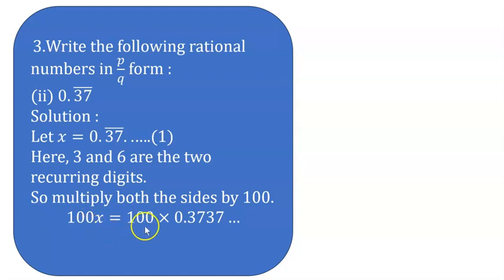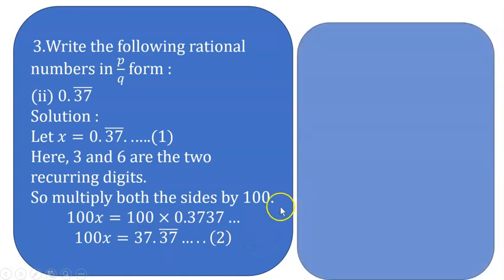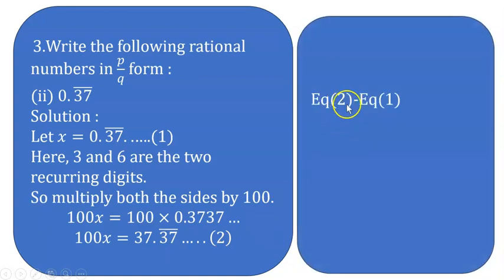And to the right hand side, 100 into 0.3737 and so on. After multiplication, you will get here 100x is equal to 37.37 with a bar. This is expression number 2.